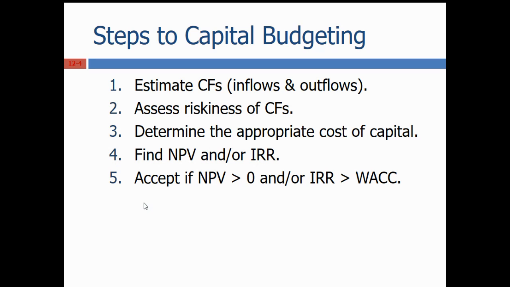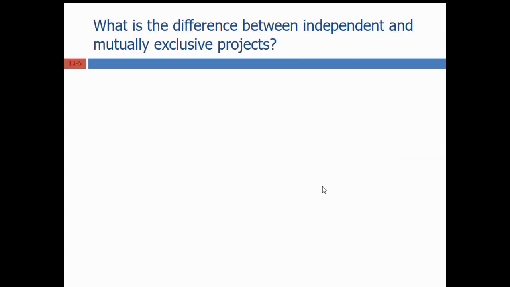If the NPV is more than zero, or NPV is positive, then you will accept the project. And for IRR, if the IRR is more than WACC, then you will accept the project as well. If it's less than WACC or the cost of capital, you will reject the proposal. So these are the steps when it comes to capital budgeting.